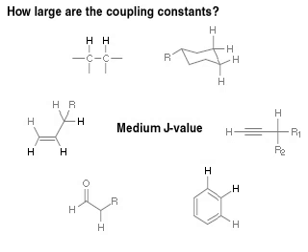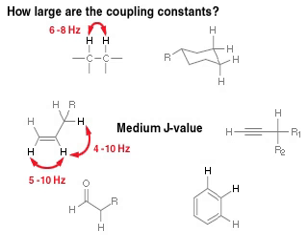Coupling constants of medium size are observed for alkane hydrogens on adjacent carbon centers. Intermediate coupling also occurs between cis-alkene hydrogens, as well as between an alkene hydrogen and neighboring alkane hydrogens, and between ortho hydrogens on aromatic rings.